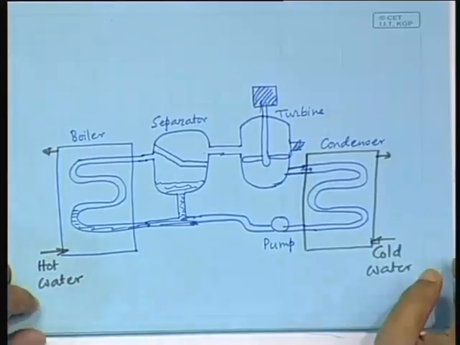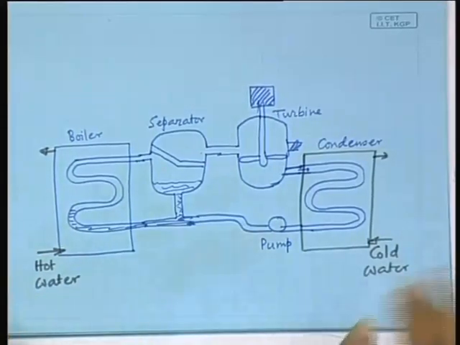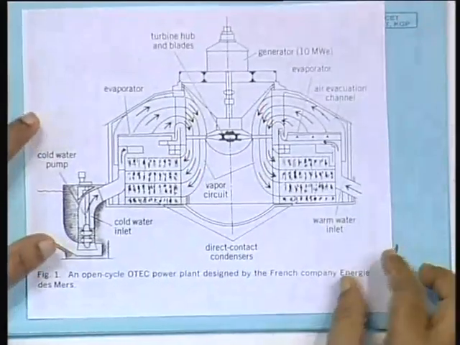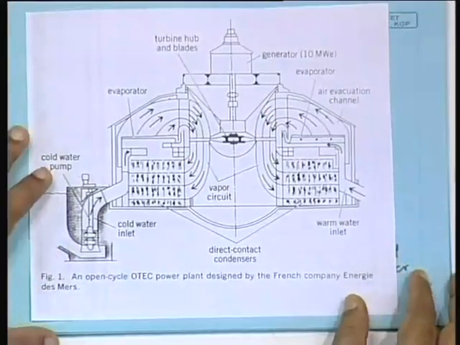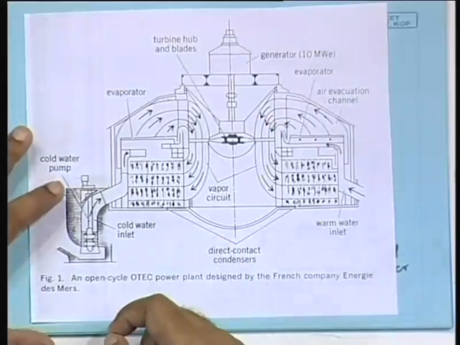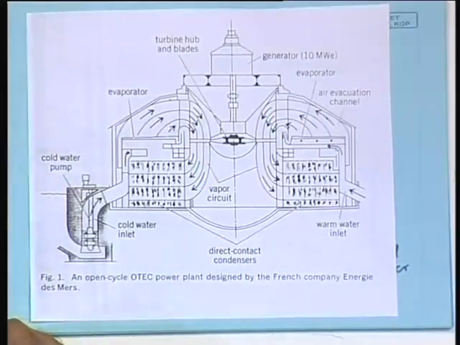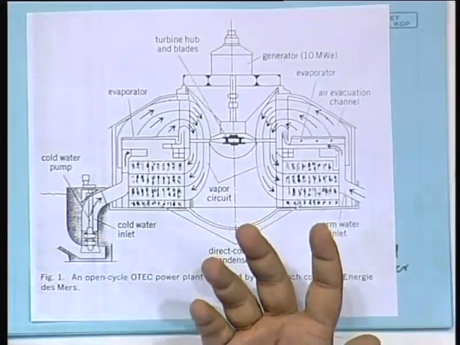Okay. Now, one further idea that has been incorporated in some places is related to the cycle that I just earlier showed, the open cycle. There are many places in the world which are deprived of normal water.